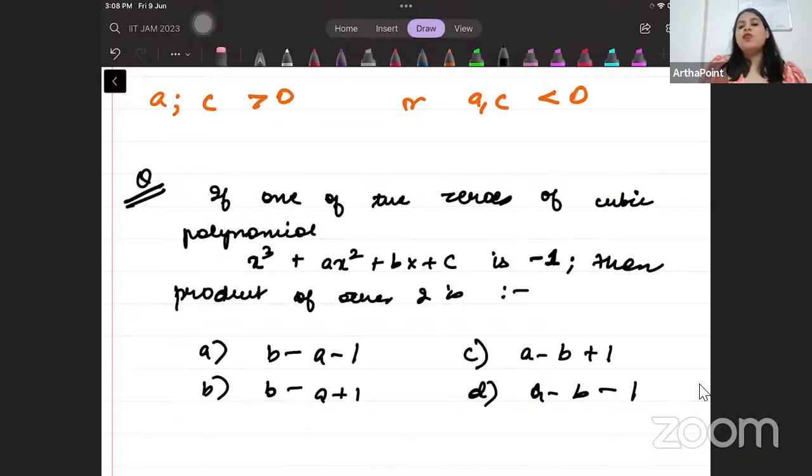So it says, if one of the zeros of the cubic polynomial is -1, what will be the product of the other two zeros?